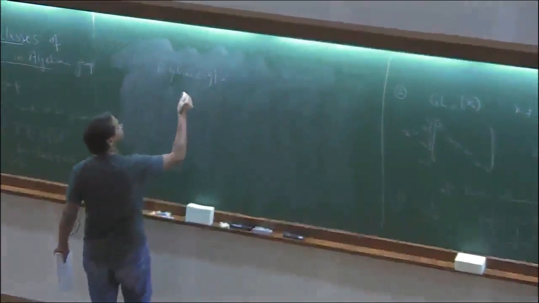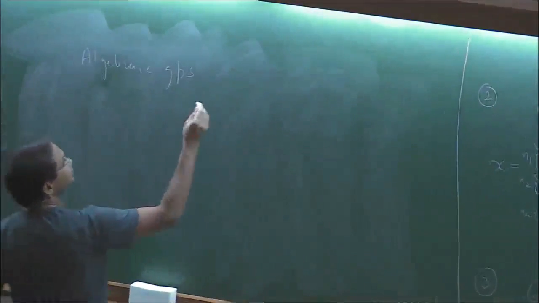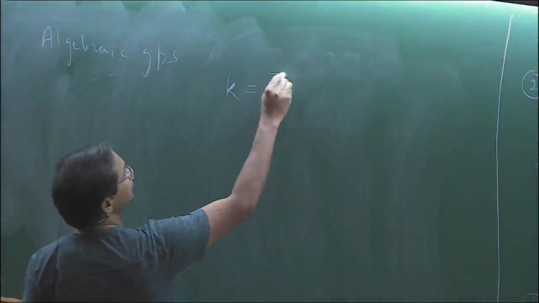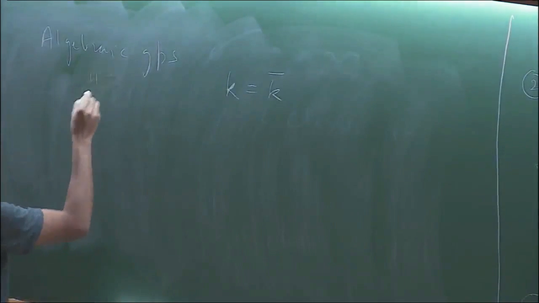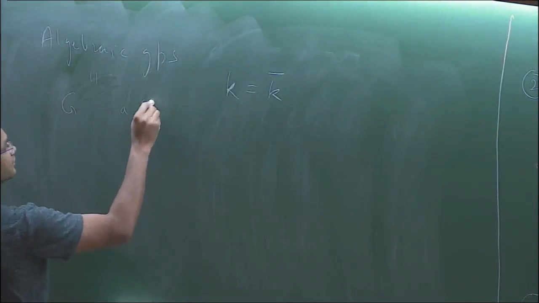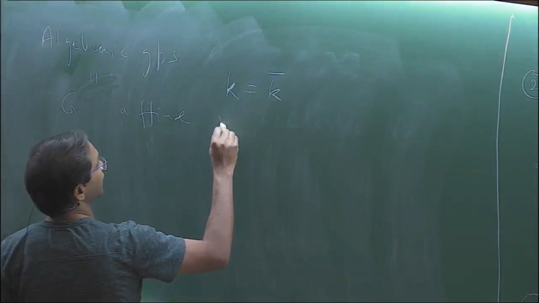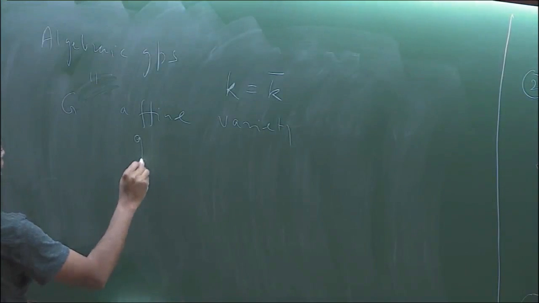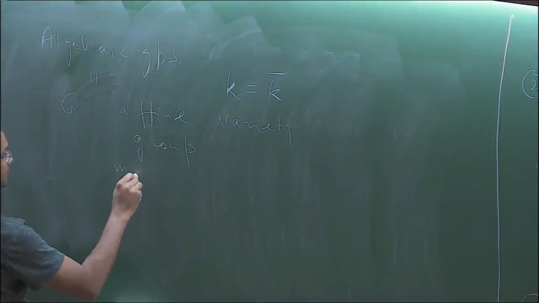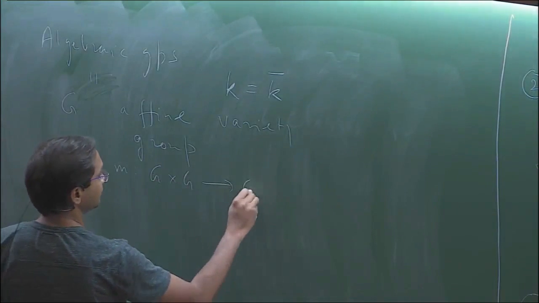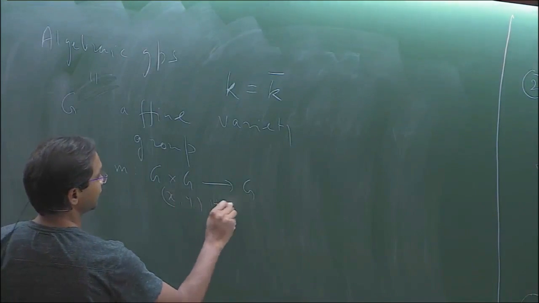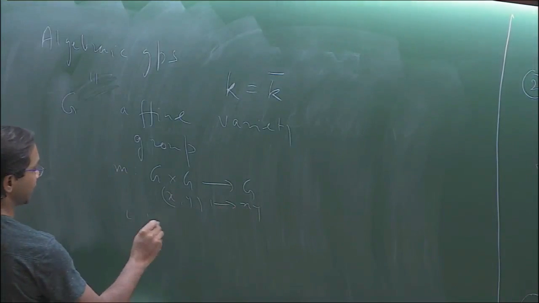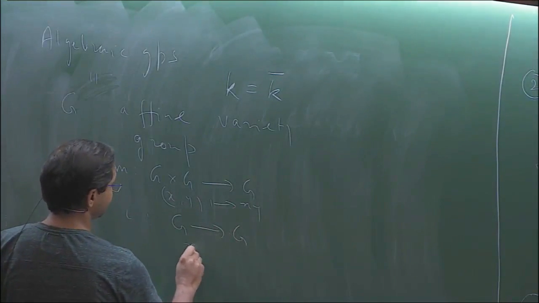First we fix an algebraically closed field K. Then an algebraic group is an affine variety, I'll look at only affine algebraic groups, and it has a group structure, where the multiplication map sending (x, y) to xy and the inverse map are also morphisms of varieties.